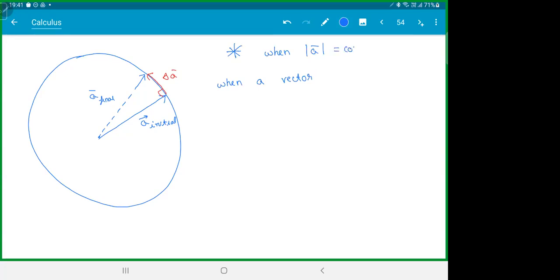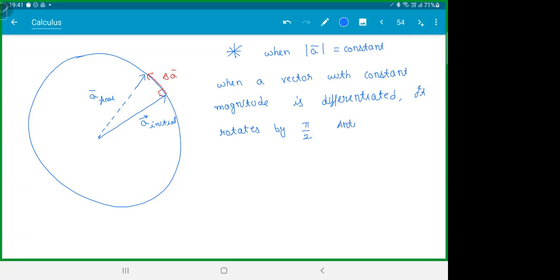And mod A is constant, so when the magnitude is differentiated, the vector rotates by 90 degrees anti-clockwise. By anti-clockwise, I mean the right hand thumb rule, that will be the positive direction. So if this is your A bar, this will be dA bar by dt, the first differential.